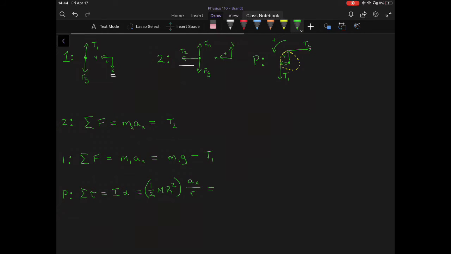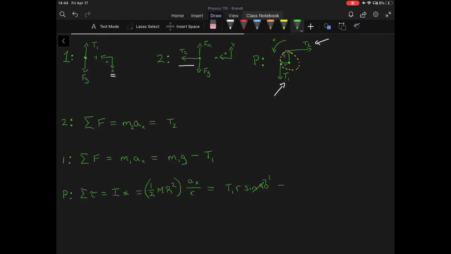So if we step through and take a look, we have tension 2 here and tension 1 here that are both providing torques on our pulley. So if we look at the positive direction, we have tension 1 multiplied by R, and they are acting at 90 degrees to one another, so we have a sine of 90, which just goes to 1.